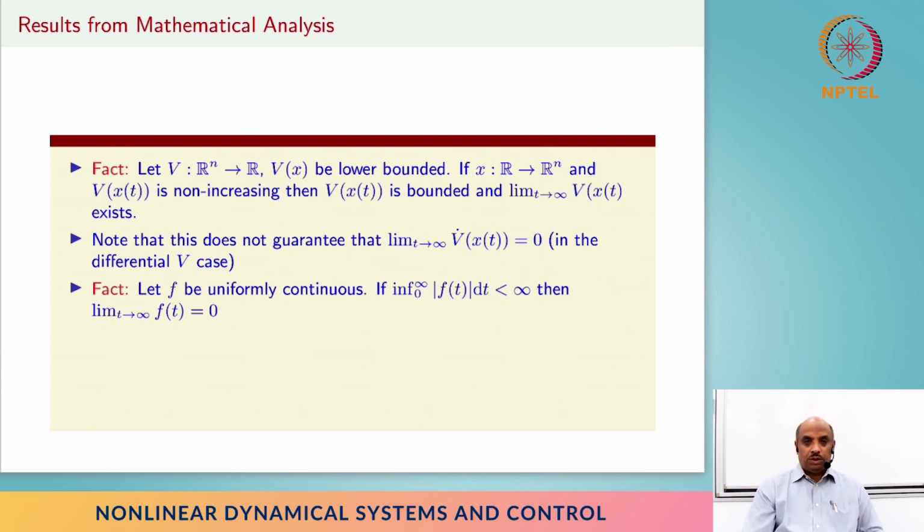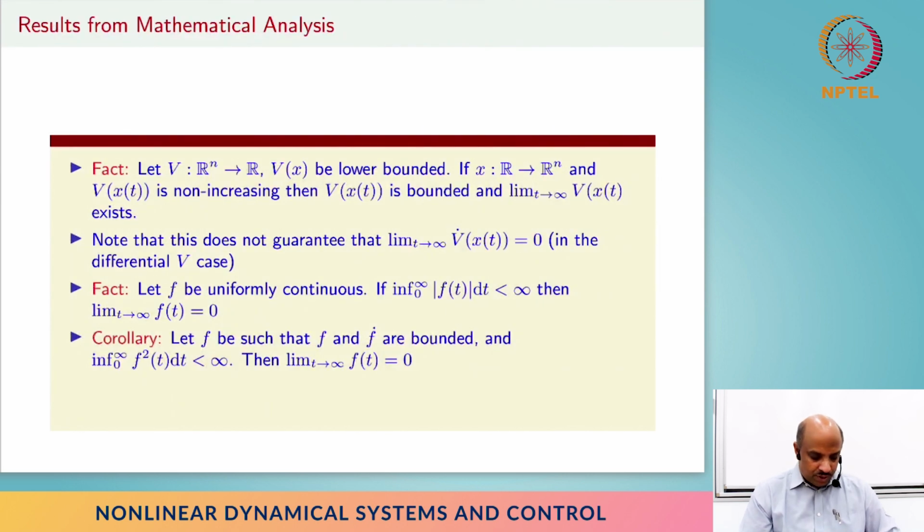So we want to somehow show this limit of v dot is 0. Unfortunately, just showing that the limit exists, the lower boundedness of its integral, is not enough, but something more has to be true, and we'll look at some of these details. So please note that if the integral of the absolute value is less than infinity, then uniform continuity guarantees that the limit is going to be 0, right?